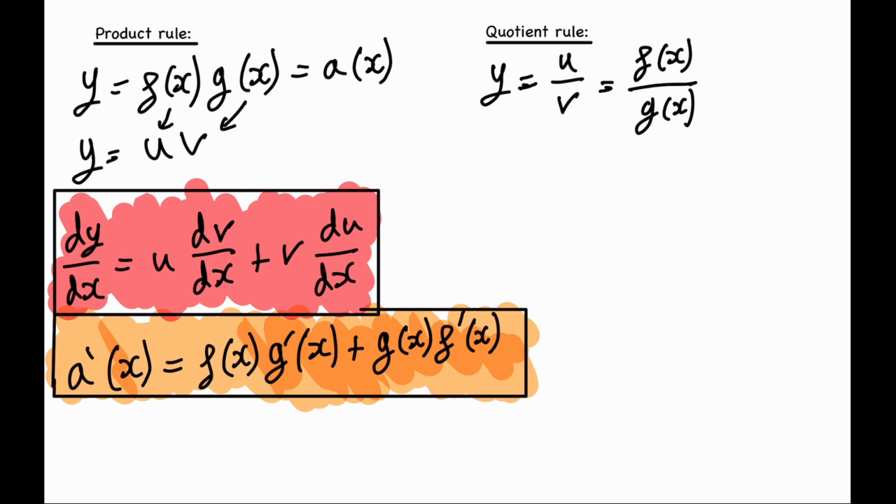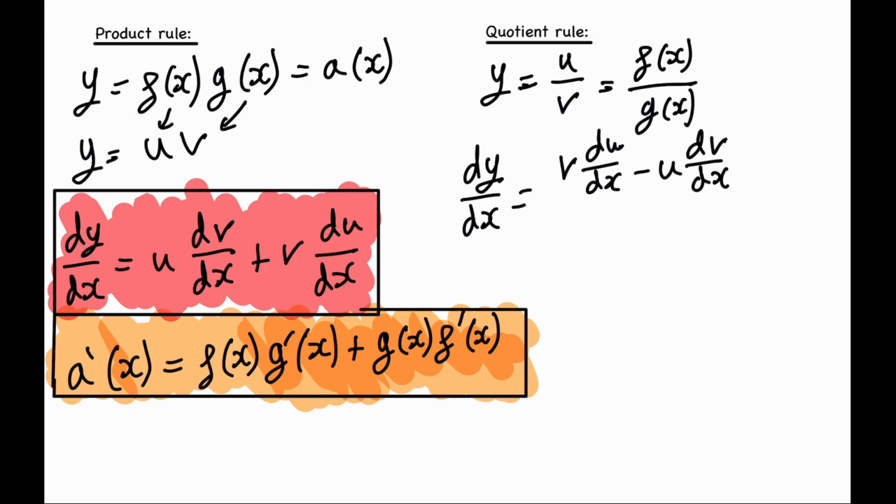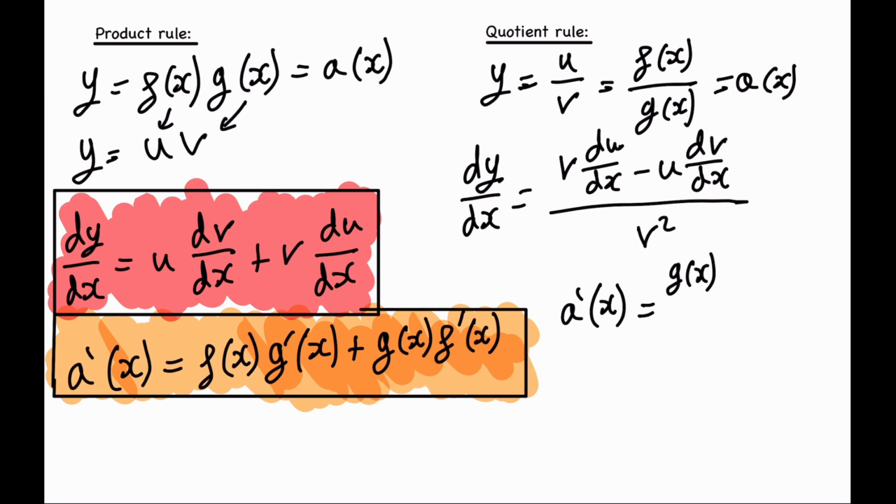The equation for the differentiation, dy over dx, is equal to v du over dx minus u dv over dx, all over v squared.